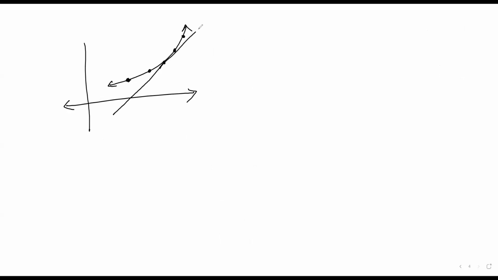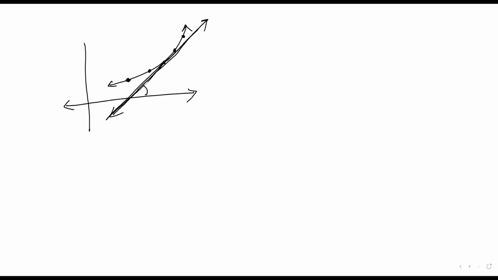But more than this, you can use applications of differentiation. Let's say our curve is like this. At every point you can find a tangent. At this point, you draw a tangent like this.